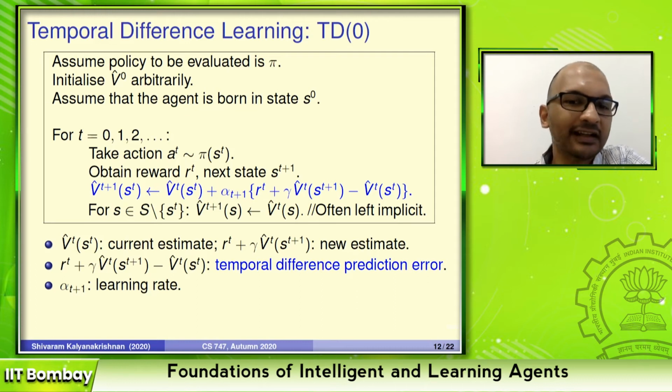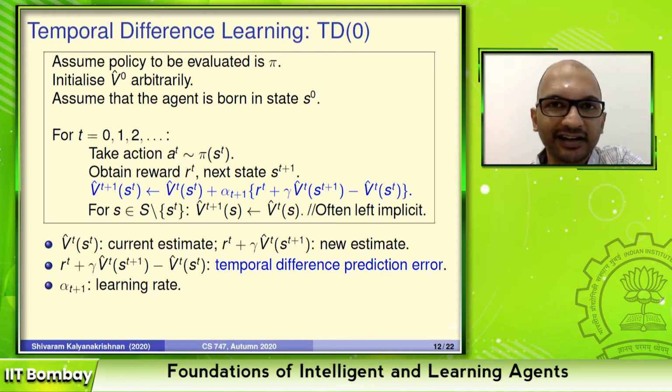But that's okay. Okay, and alpha t plus 1 we already know is the learning rate. It's the length of the step you're taking in the direction of addressing this error. Okay, so you take a step in the direction of cutting out the error by adding that to Vt, that becomes your Vt plus 1.